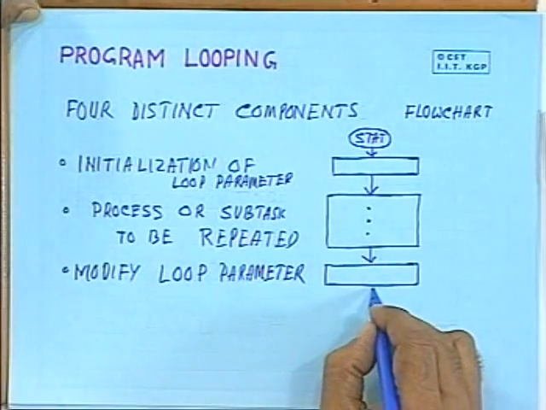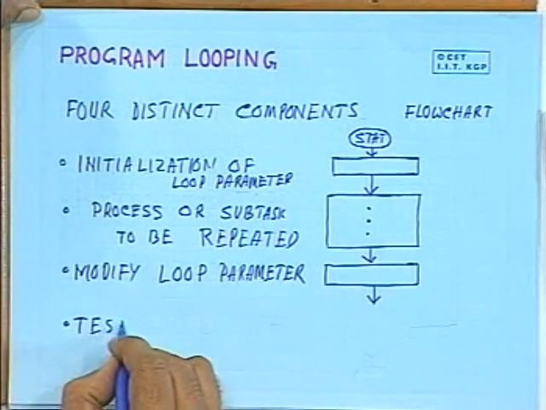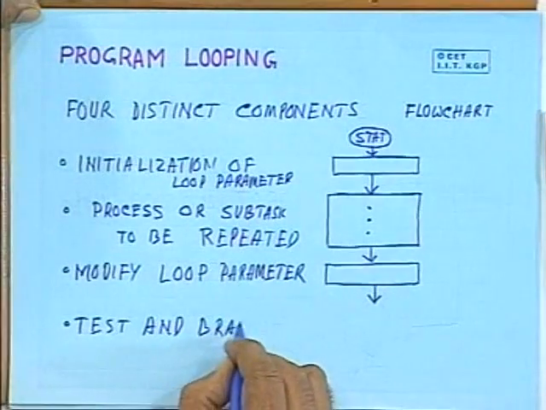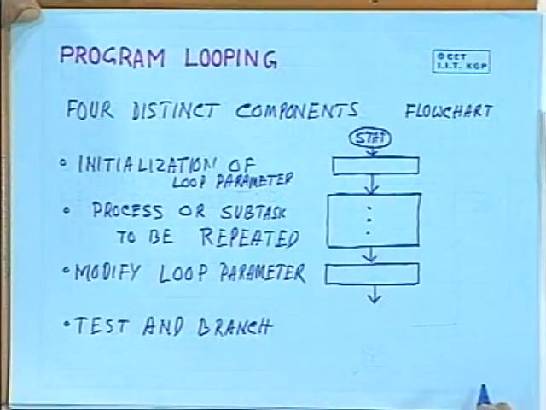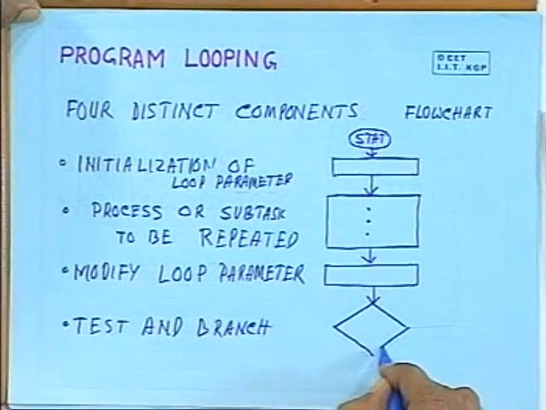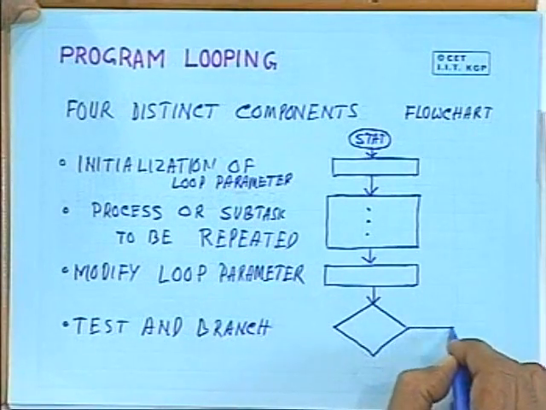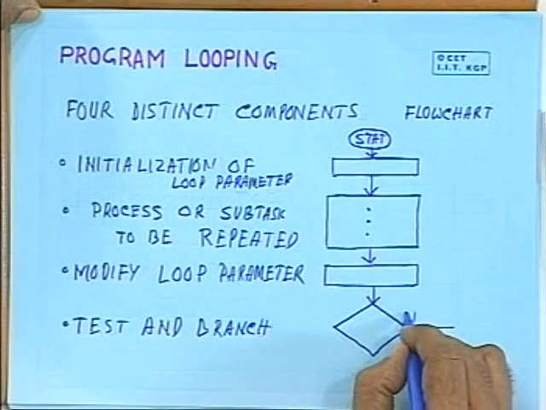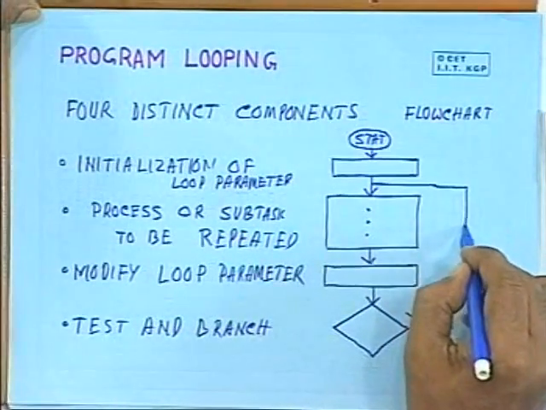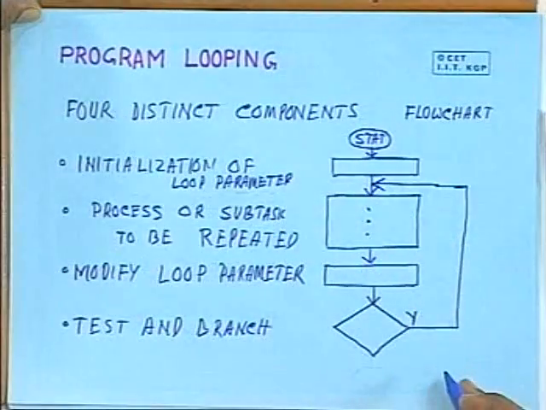Then obviously you have to perform test and branch. So there will be a decision box which will test a particular condition, what condition will be decided later, and if the condition is valid, then it goes back and the execution of the subtask is repeated.